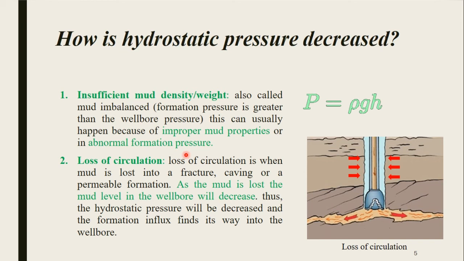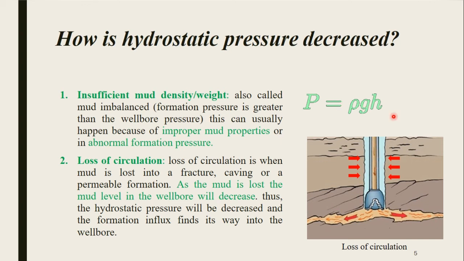Well, the second event in which the hydrostatic pressure is decreased is when there is a loss of circulation. A loss of circulation is when mud is lost into a fracture, a cavern, or a permeable formation. As you can see from the figure, this is a kick occurring, and this is a loss of circulation occurring, in which mud is lost into the formation. During the loss of circulation, the level and the height of the mud inside the wellbore is decreased.